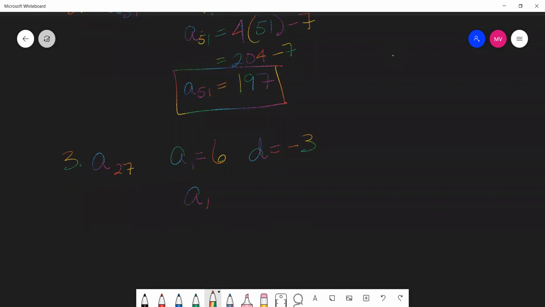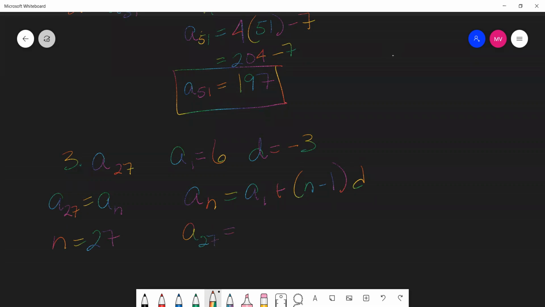So remember, AN equals A1 plus N minus 1 times D. So let's plug that in. I'll do it all at one time. We know that at position 27 is our AN, and that N equals 27.